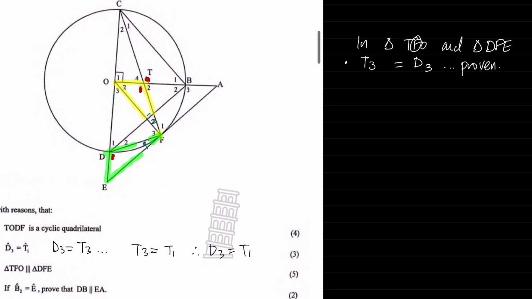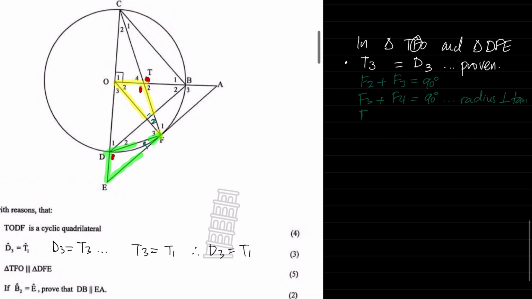So my statements are going to be here that F2 plus F3 is 90 degrees. Okay? And we proved this in the first question. Then F3 plus F4 is equal to 90 degrees, and that's because the radius is perpendicular to the tangent.